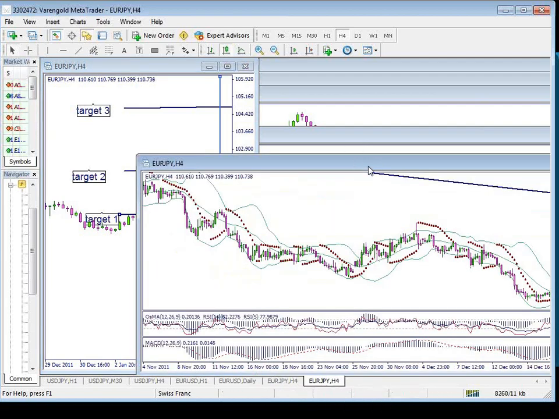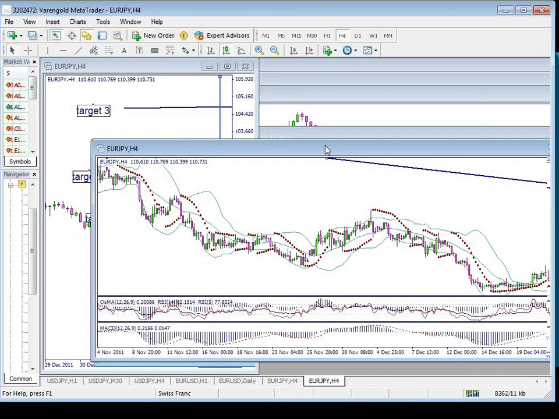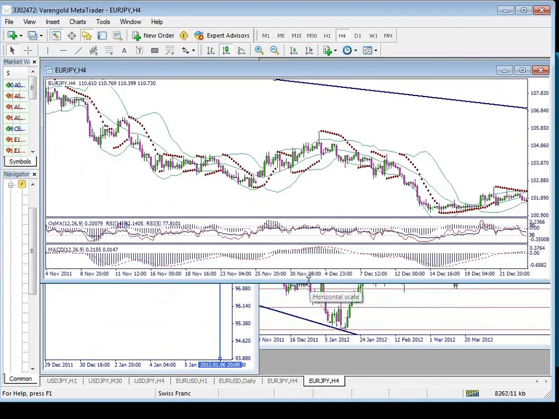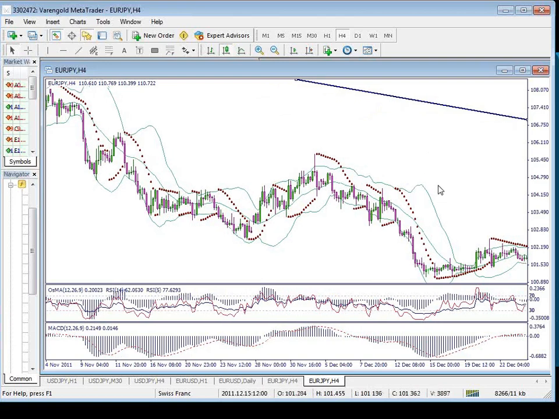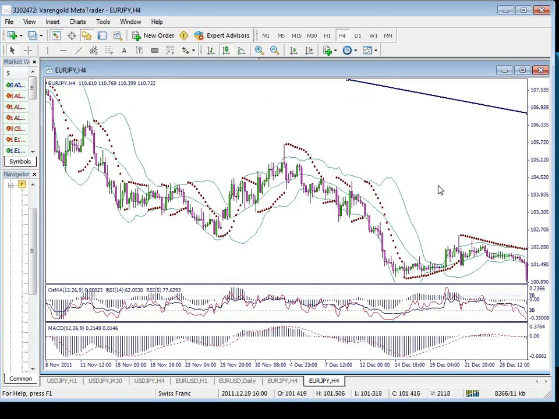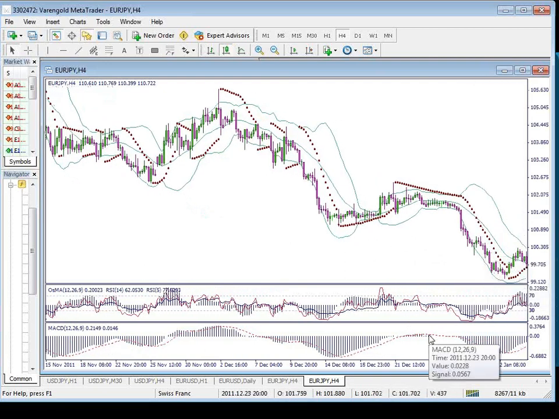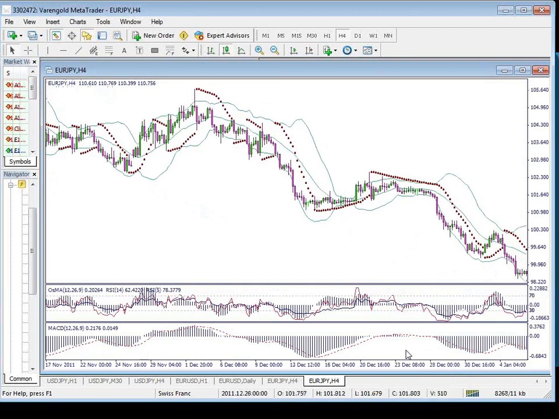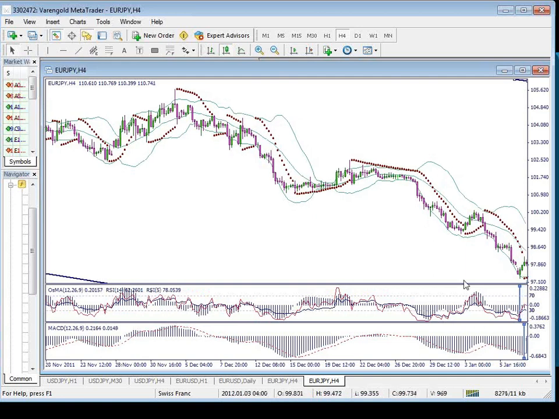Okay, and now I want to see all those things with indicators. So I will go to 6th of January, into the 4-hour chart.